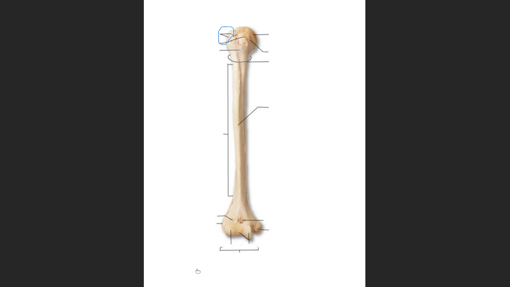I think you can zoom in. I was right, because the other one is the lesser tubercle. Okay, I'll believe you.